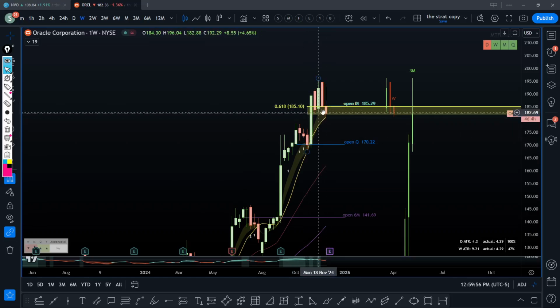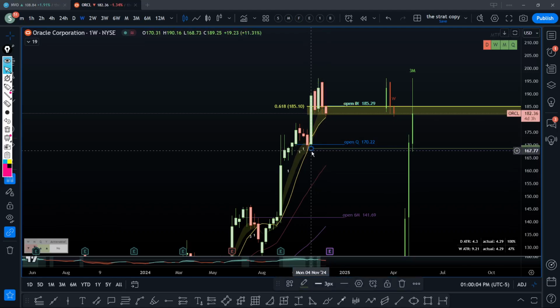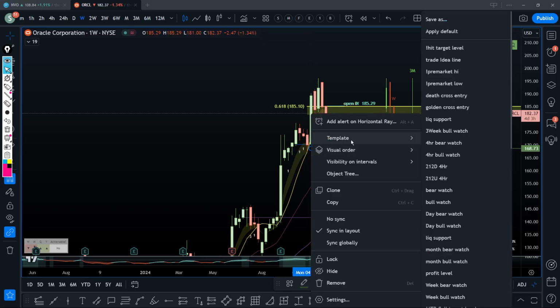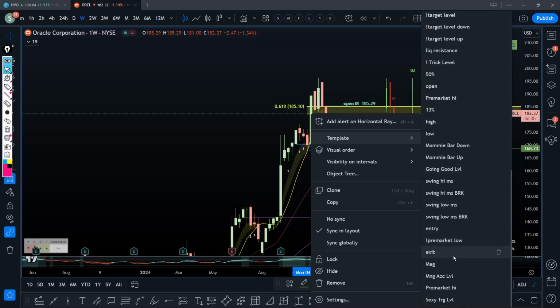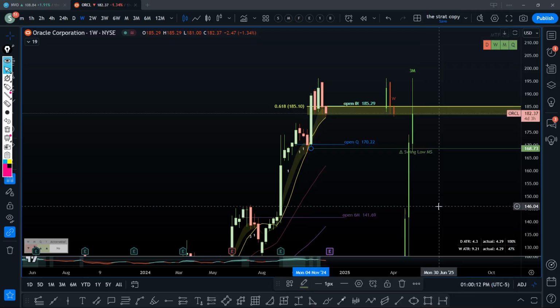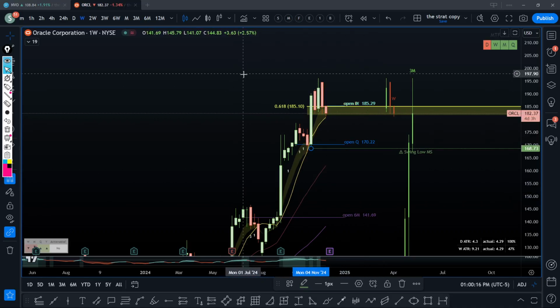If it breaks strongly through to the downside on this golden area, then it might try to tackle the swing low. I usually try to look at all of this from the same time frame. It might try to tackle this swing low here, which we can see on the week around 168.73.